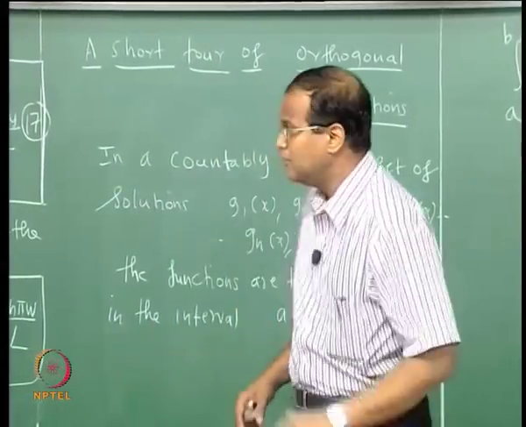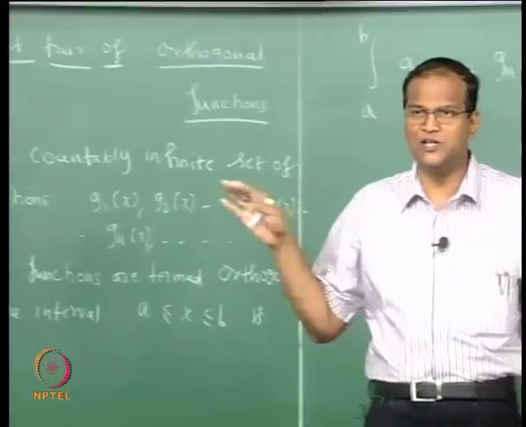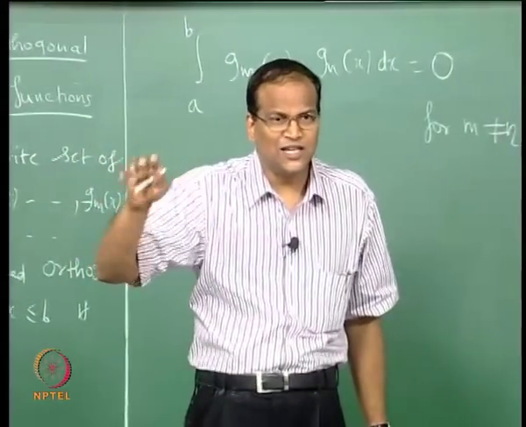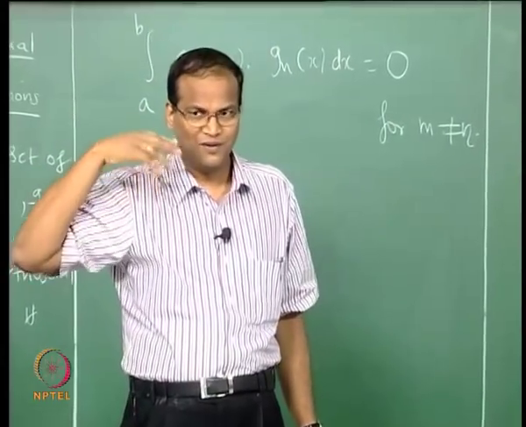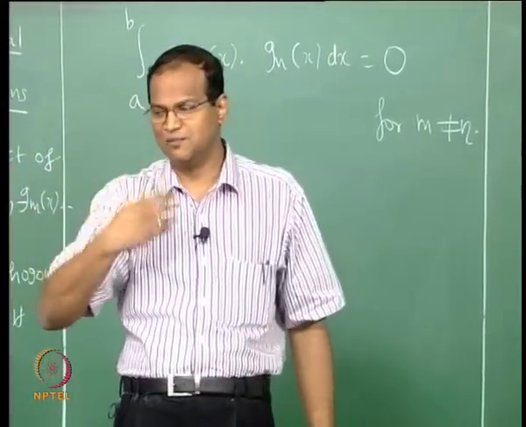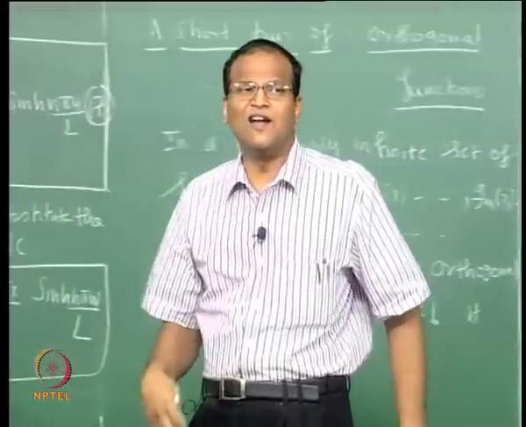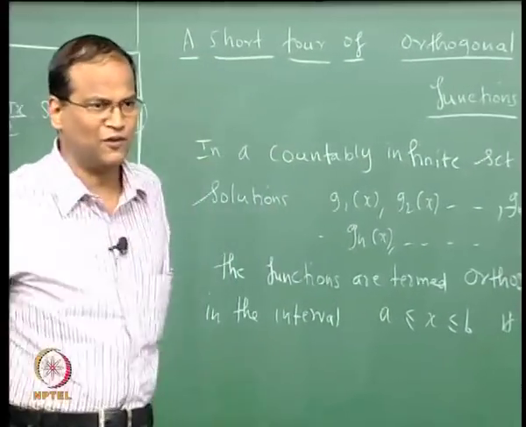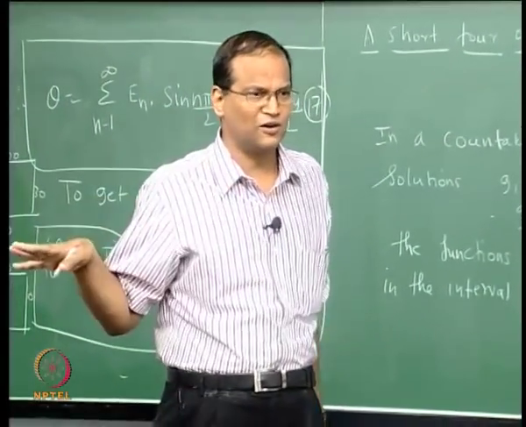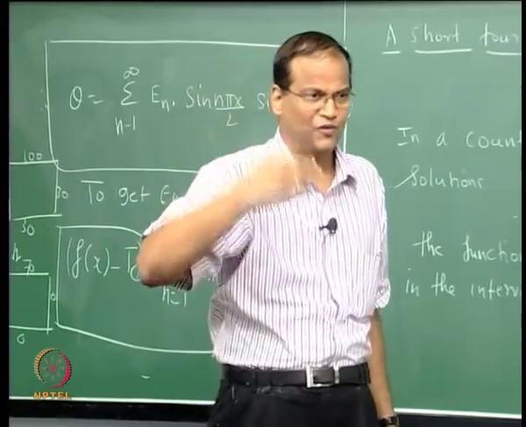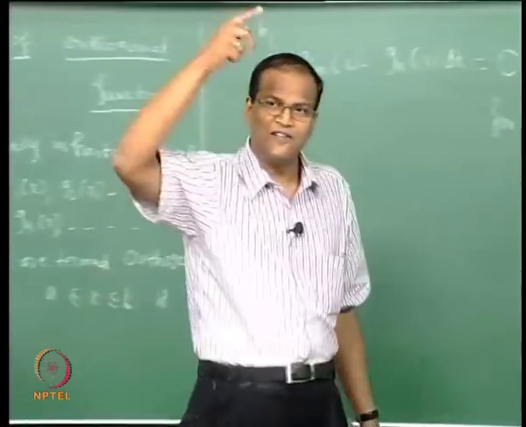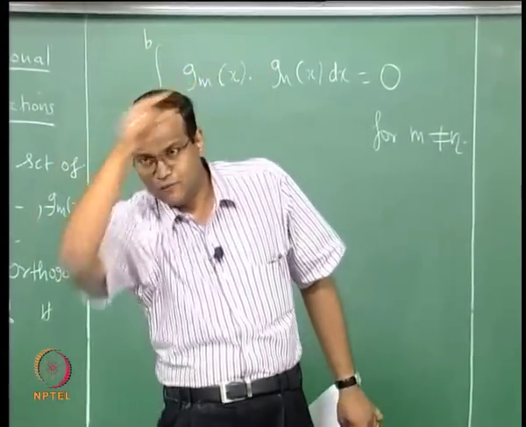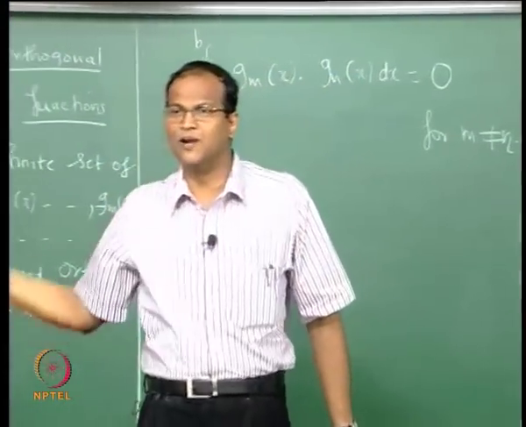Okay, so that f of x is different from g1, g2, g3. g1, g2, g3 are all certain functions which exhibit the orthogonality property. If you want some peace of mind now itself, I will say sin n pi x by L is an orthogonal function. All functions are not orthogonal functions. There are certain functions which are orthogonal, but our idea is to have a general function f of x. We want to represent f of x as a combination of orthogonal functions.